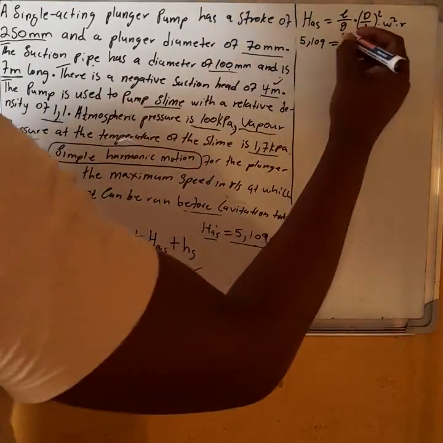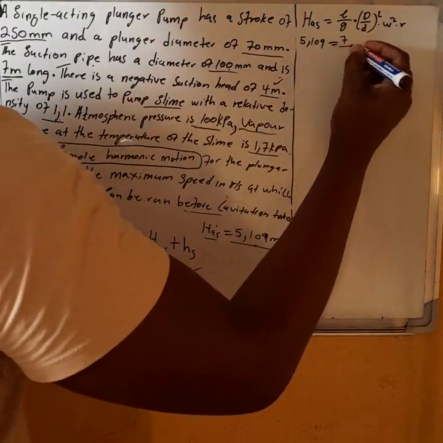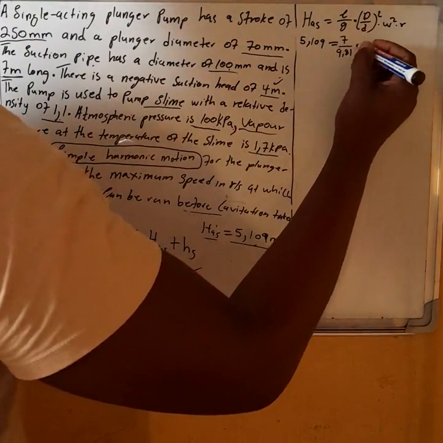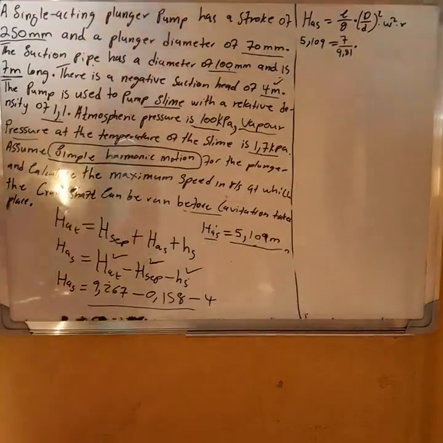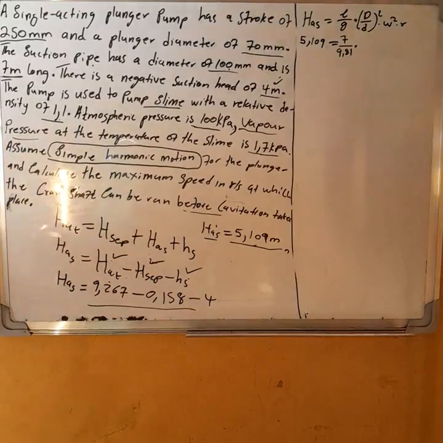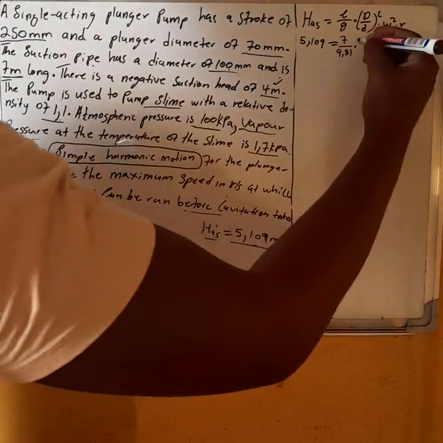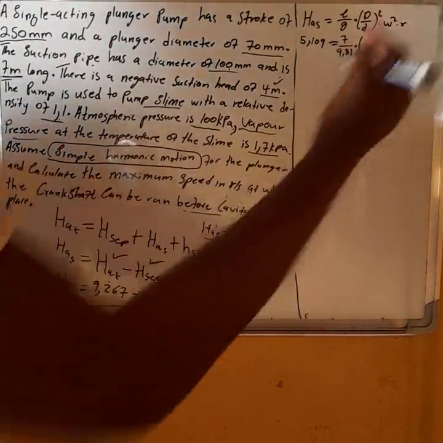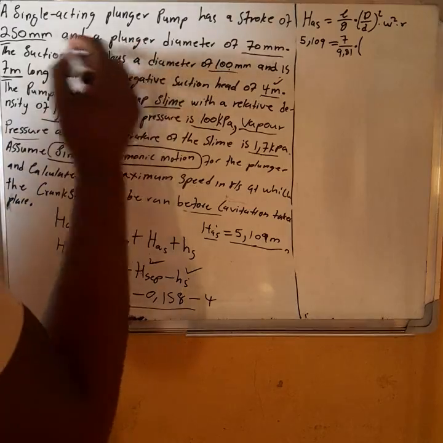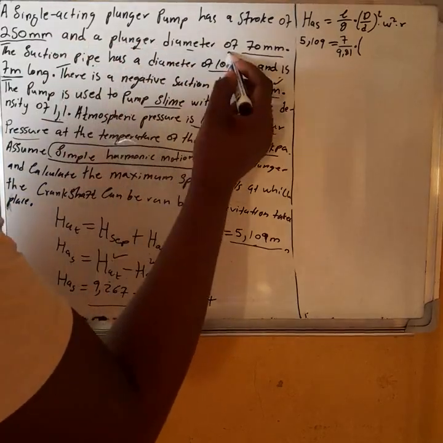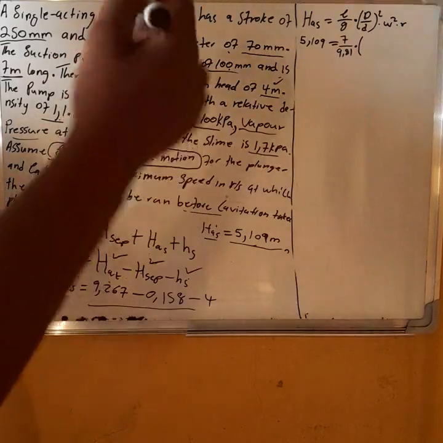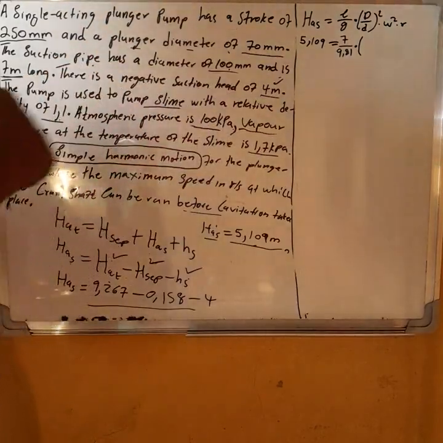You can write 7 over 9.81 multiplied by the diameter of the plunger. Remember, capital D is the diameter of the plunger. Where is the plunger? The plunger diameter is 70.